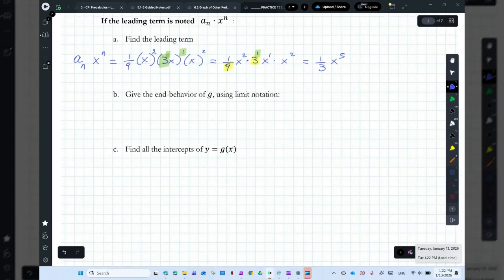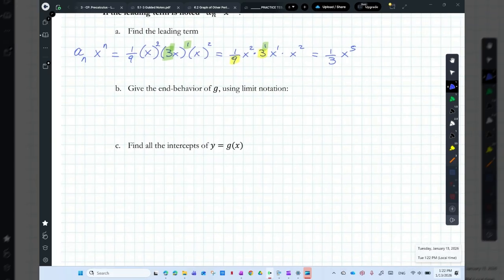From that leading term that I got, without having to distribute the whole polynomial, I can conclude the end behaviors. That is, the limit as x approaches negative infinity, and as x approaches positive infinity.